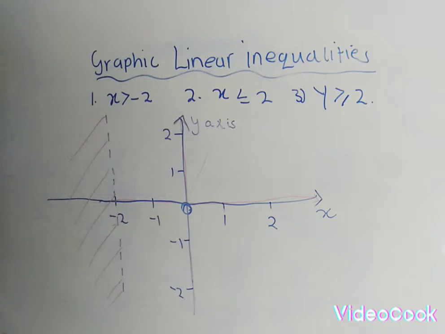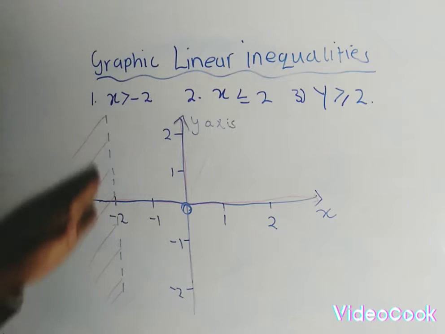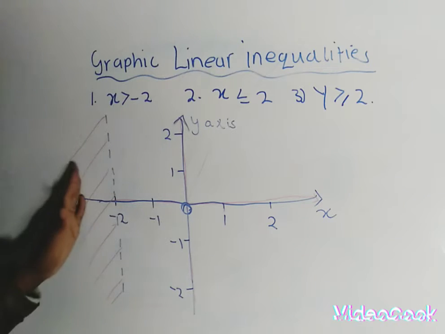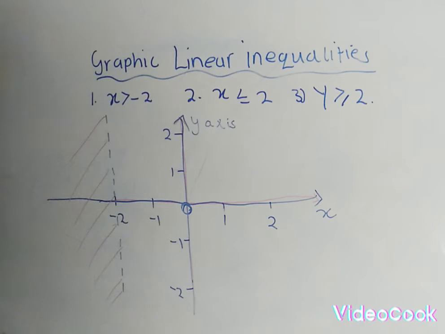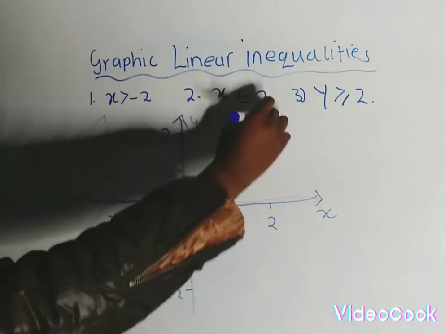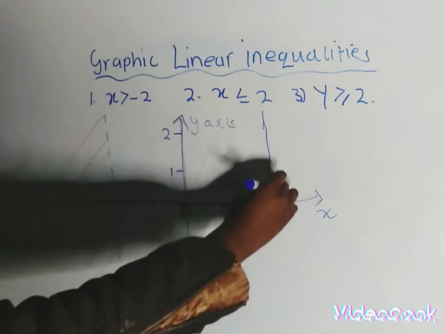So x is greater than -2, you draw the line at -2, and then you shade this side. We always shade the unwanted region, right? But then the second question says the x values are less than or equal to 2. Less than or equal to 2, you go on your 2 and you draw a solid line.